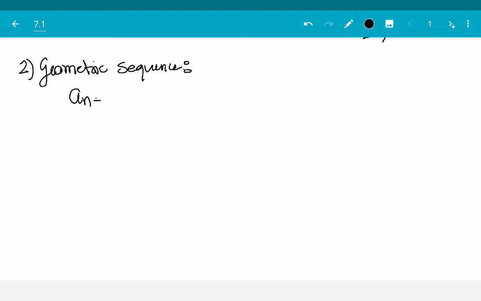So a_(n+1) is equal to a_n multiplied by k. Okay, and so therefore we get that a_n is equal to k to the n times a0.